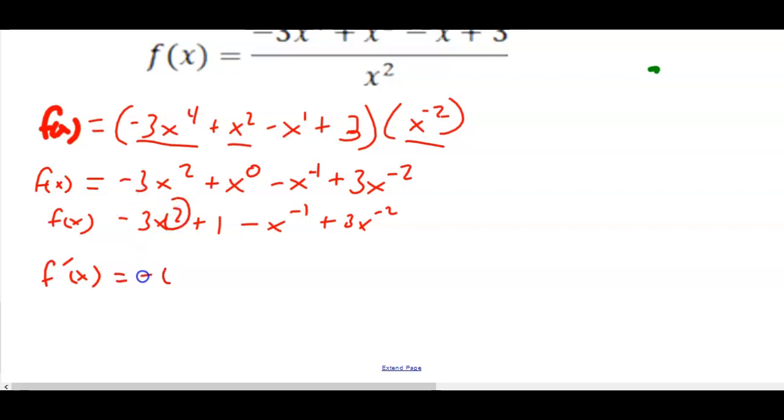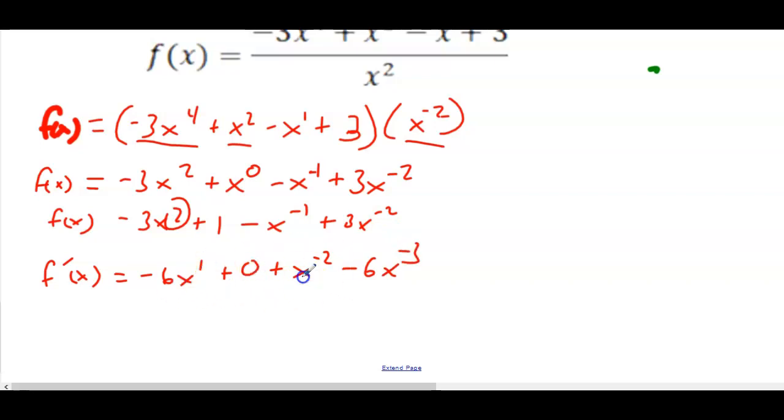That gives us a negative 6x to the first. The derivative of a constant is 0. Right here, negative 1 times negative x is positive x, but you got to subtract 1. And distribute that. It's going to be a negative 6x, and then subtract 1, negative cube.